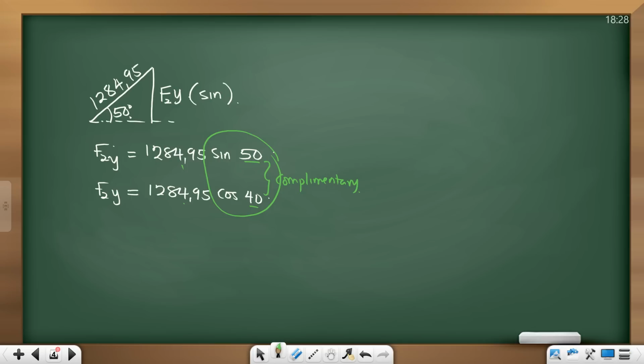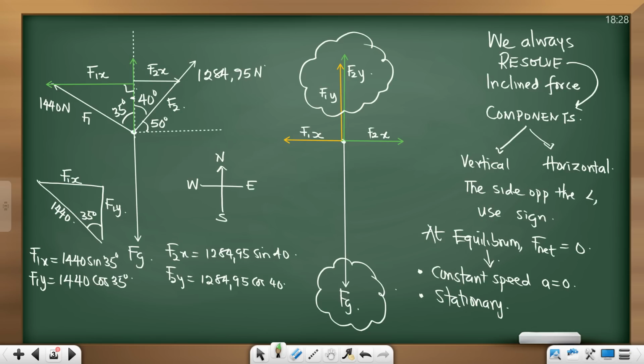Okay. All right, my dear learners, let's finish this question. What will be the weight? The ones upward together must be equal to the one downward. So can we say F1y plus F2y equals Fg. You do the maths now, quickly.